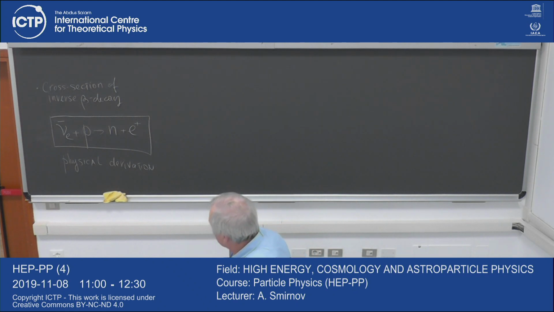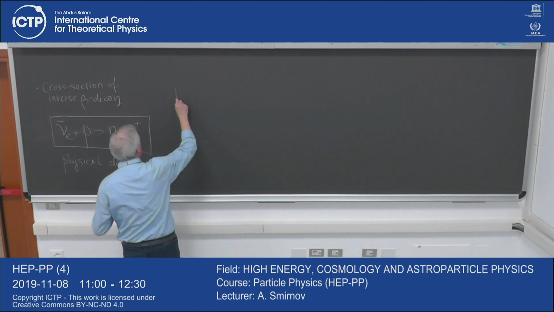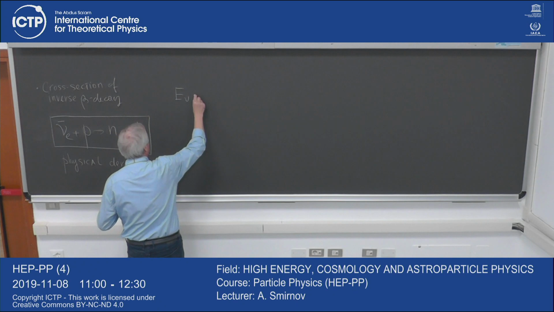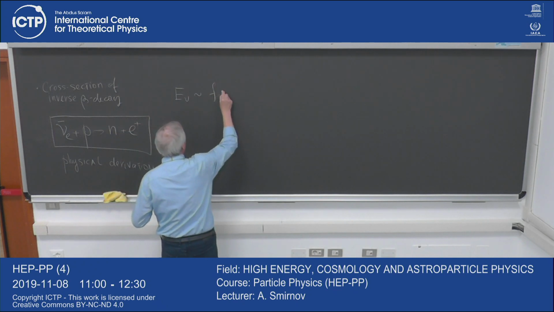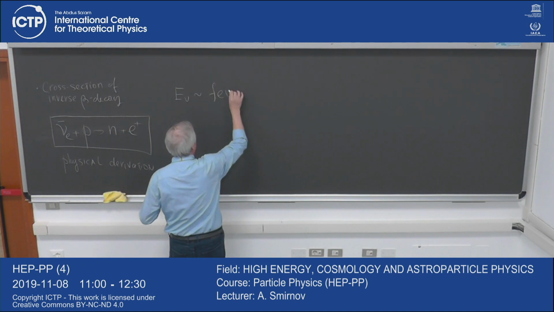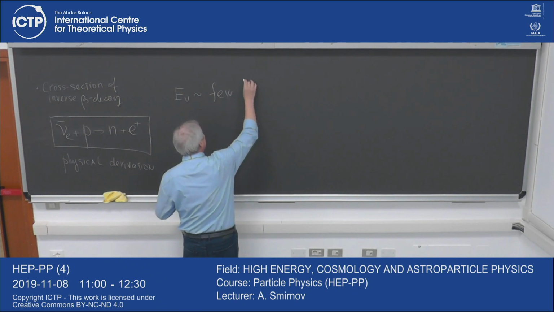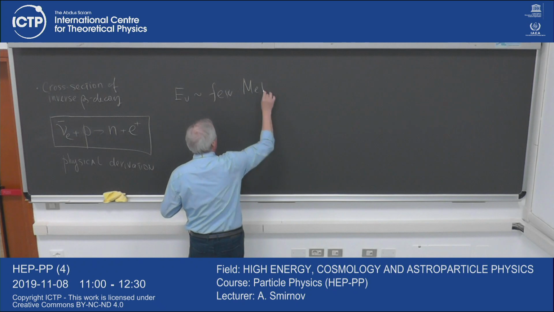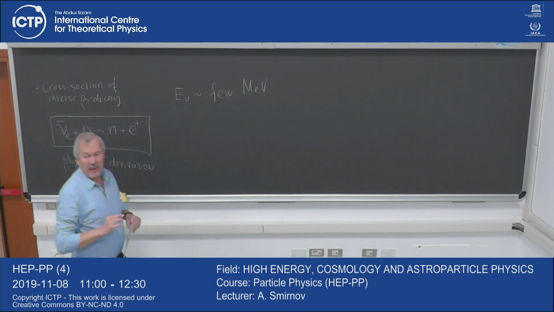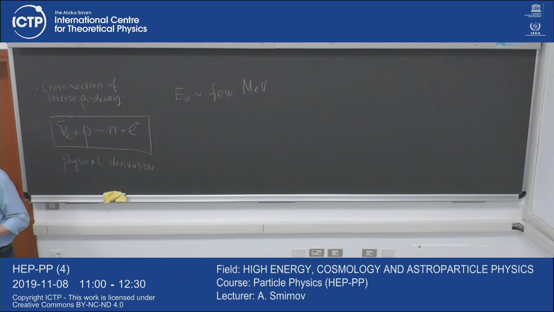So we deal with this process, and the physics input is that I will use energies of neutrinos of the order of few MeVs, which is typical energy of particle emitted in beta decay.